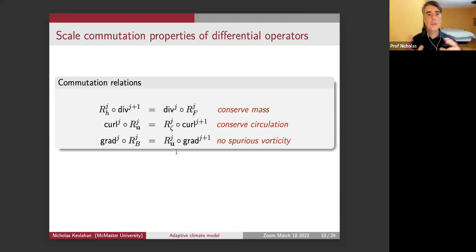That helps us design our wavelet transform. In other words, these relations tell us what the restriction operators should be for each of these: restriction of height, restriction of velocity, restriction of Bernoulli, and so on.